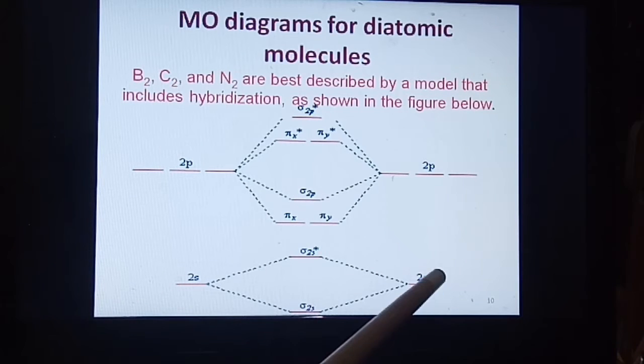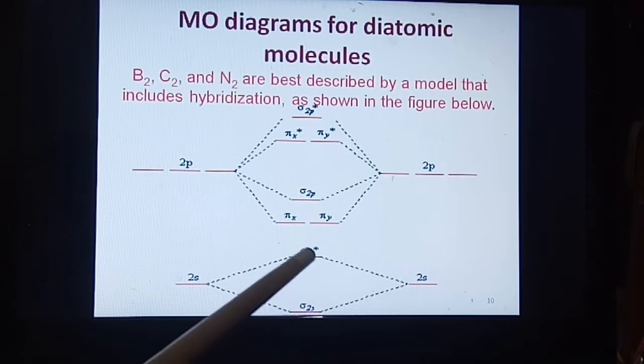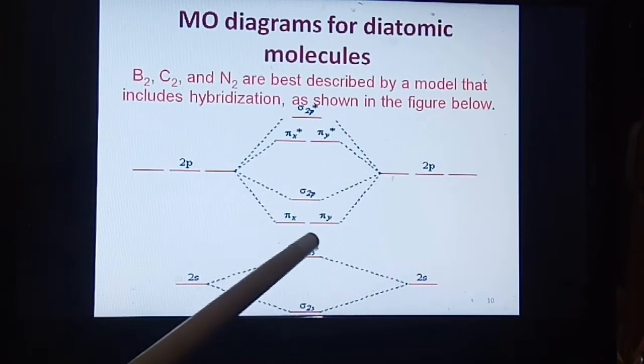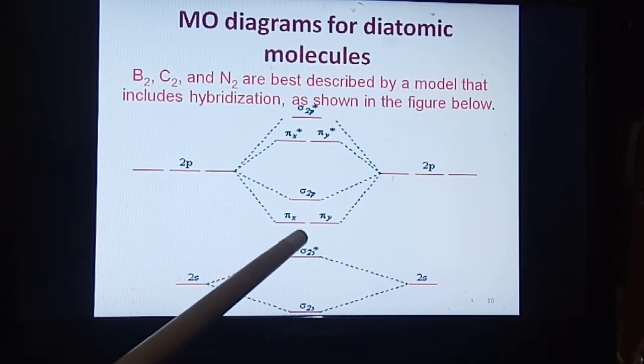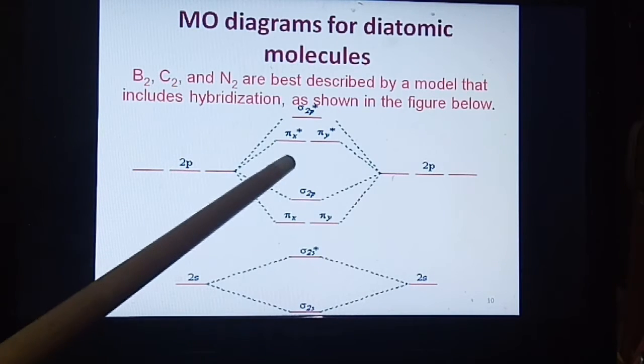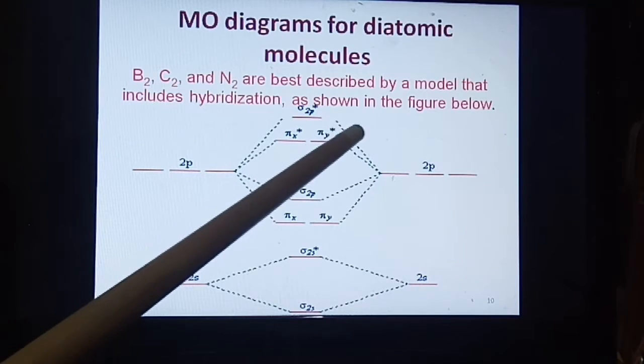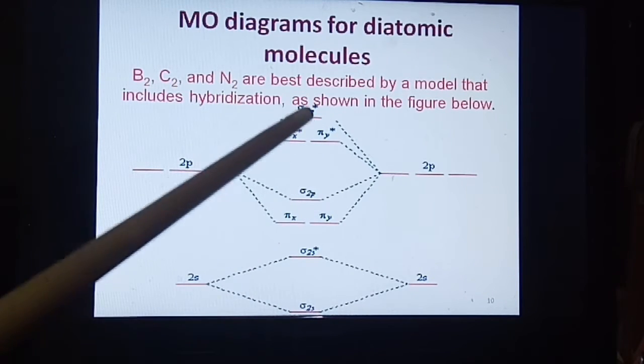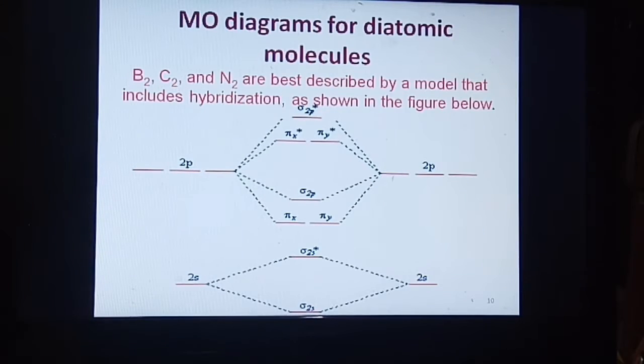These are the 2s electrons of one atom and the 2s electrons of the second atom. They combine to form the sigma 2s and sigma star 2s, and the 2p orbitals combine to form pi x, pi y, pi x star, pi y star, and sigma 2pz and sigma 2pz star.